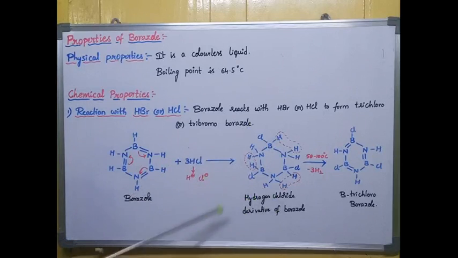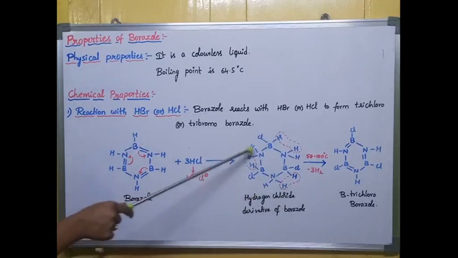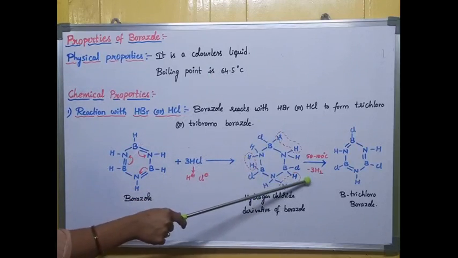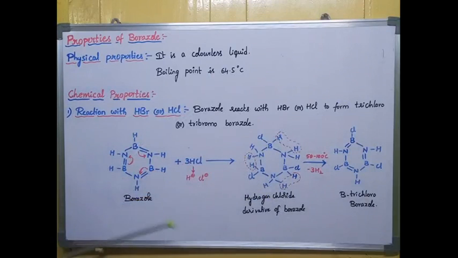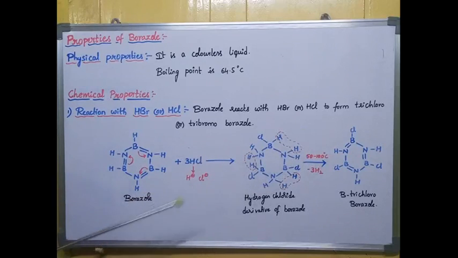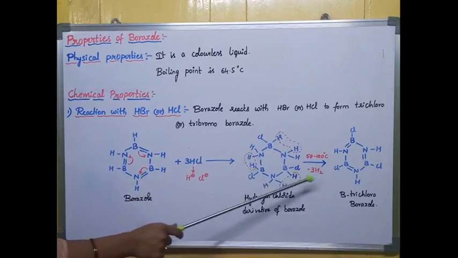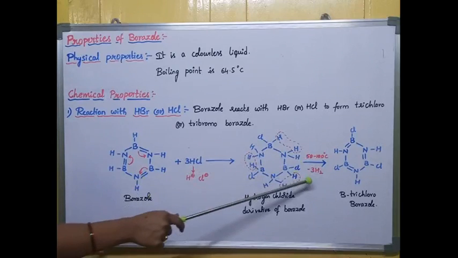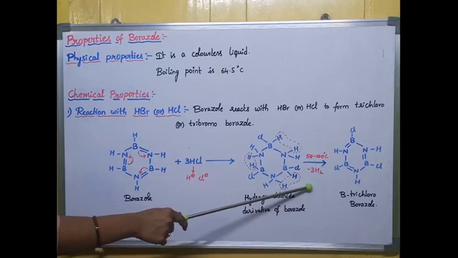Now I am heating this intermediate. When I heat this product, we get boron trichloroborazole. When heating at 50 to 100 degrees centigrade, it gets dehydrogenated, meaning 3 molecules of hydrogen are removed.